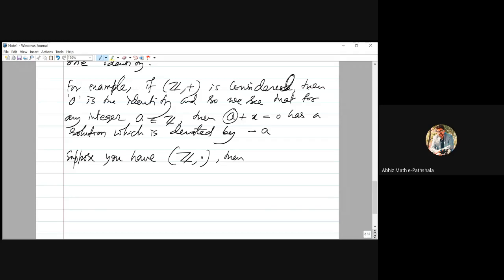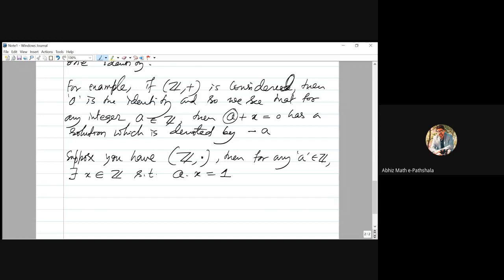Then you cannot say that for any integer a belongs to Z, there exists x belongs to Z such that a dot x is 1.